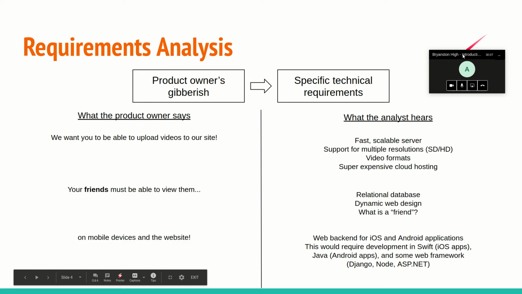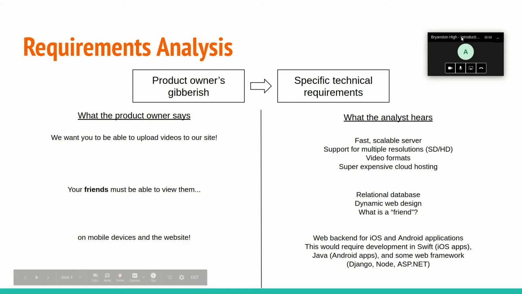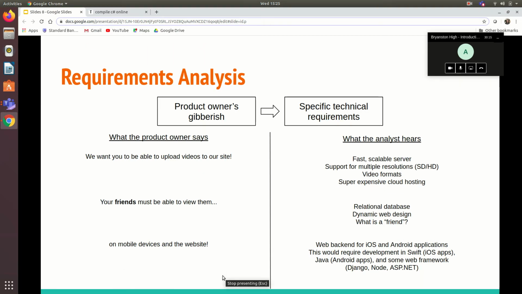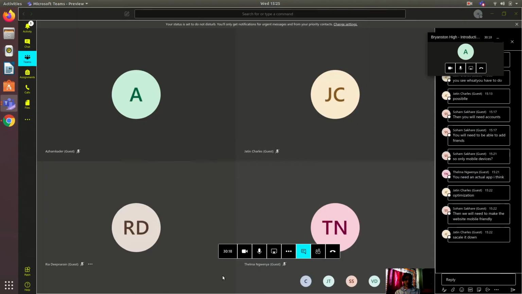So that would be the first step of the application lifecycle. But remember that it's more like the first part of the application lifecycle, because this is a continuous thing. When we finish developing the application, the product owner could come back to you and say, actually this whole friends thing is pretty silly, I would rather have a subscriber system, so you subscribe to particular people who upload videos.